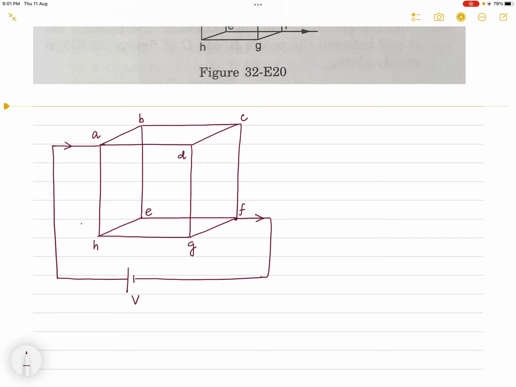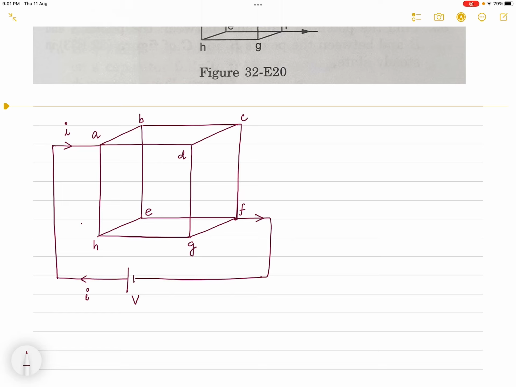If I connect a battery between the points A and F, and it provides a current I to the circuit, this current I, as it reaches the point A, will tend to go through this whole circuit in order to reach the other point, the point F, which is connected to the negative terminal of the battery. We all know that current flows in a circuit from the positive terminal of the battery towards the negative terminal, and in the process it flows through whatever resistors and other components are there in the circuit.